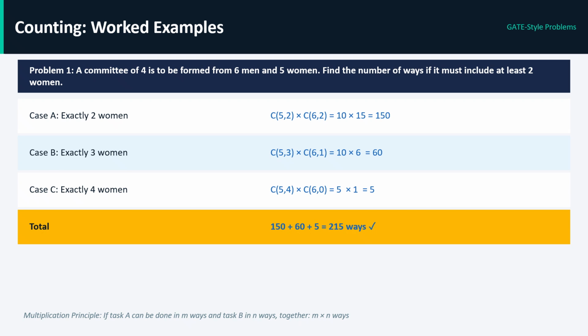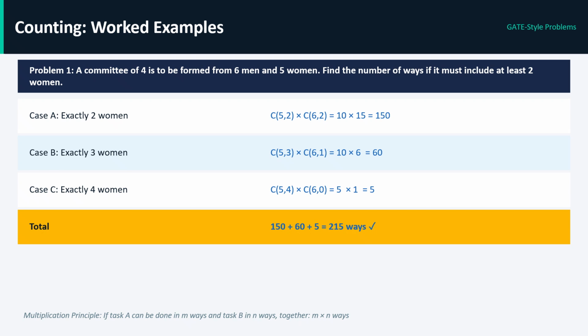Here we are multiplying C(5, 2) and C(6, 2) because both the processes are subparts of the total process, that is selection of the four-member committee. That is, task A needs to be performed, task B needs to be performed. That is, selection of women members, selection of male members needs to be completed. That's why we are multiplying. That will result in 150 ways.